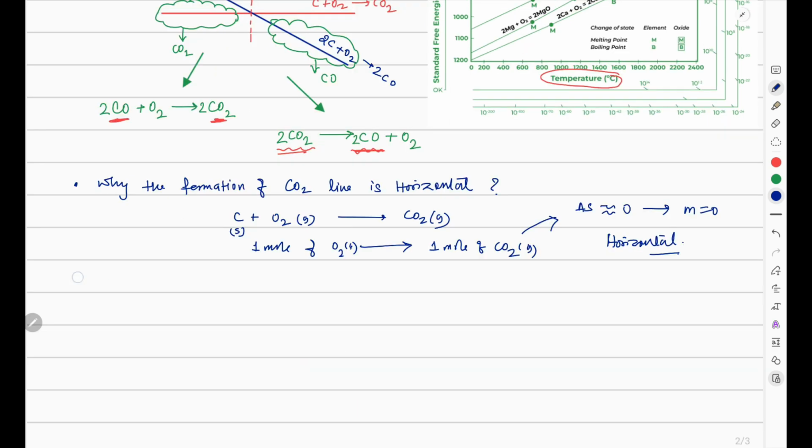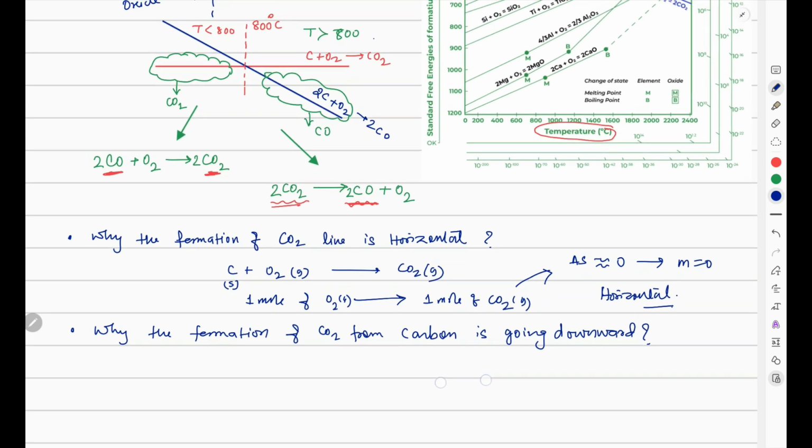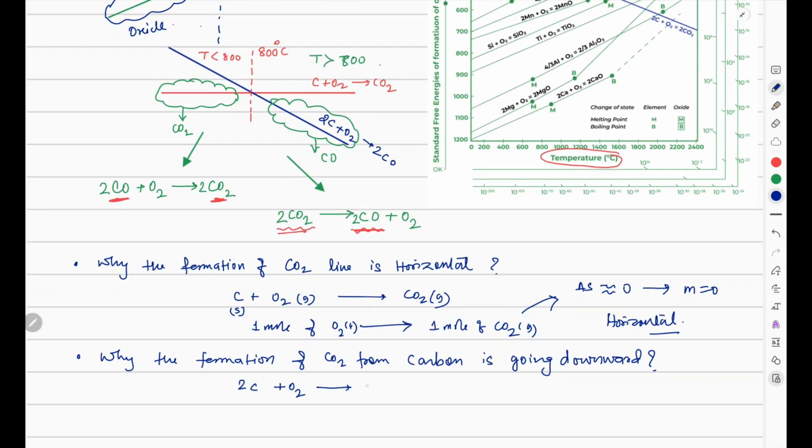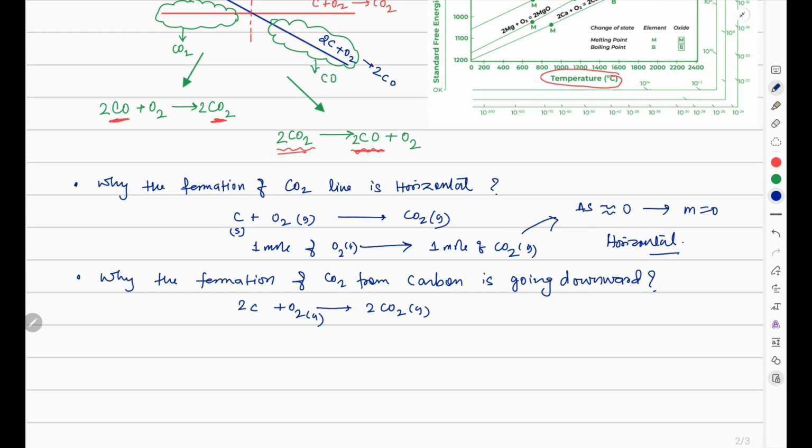Similarly, one more question is asked, why the formation of CO from carbon is going downward. Similarly, we can say that the reaction for this is 2 carbon plus O2 gives 2CO gaseous. In this case, we can see that 1 mole of oxygen combines to form 2 moles of CO. Now in this case, the entropy is increasing.